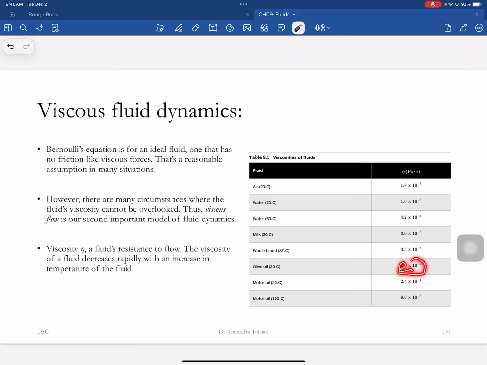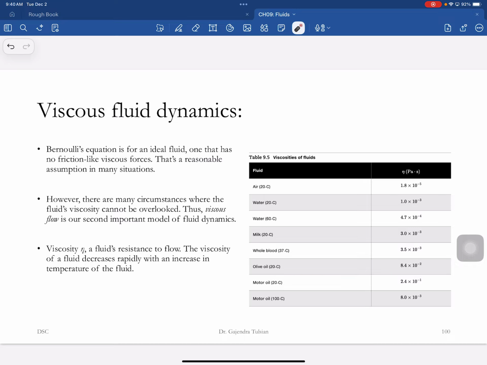You see the viscosity of water is 10 to the minus 3. So the viscosity of olive oil is about 100 times greater than that of water. That means it's harder to pump olive oil. It's 100 times harder to pump olive oil. So friction is greater.